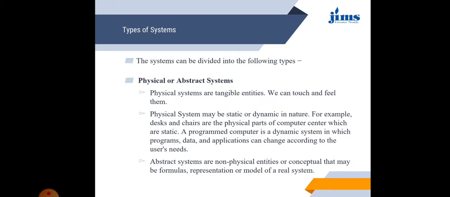About the abstract systems, they are non-physical or conceptual entities that may be formulas, representations, or models of a real system. So abstract is the non-physical, and physical is the physical system.